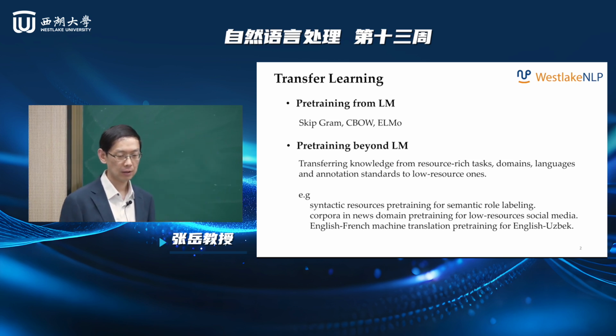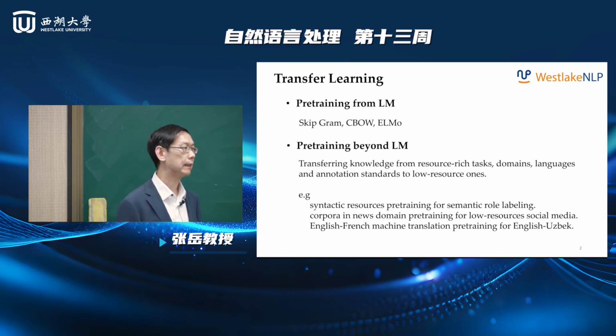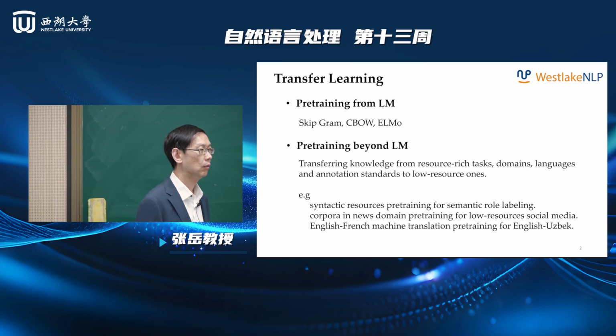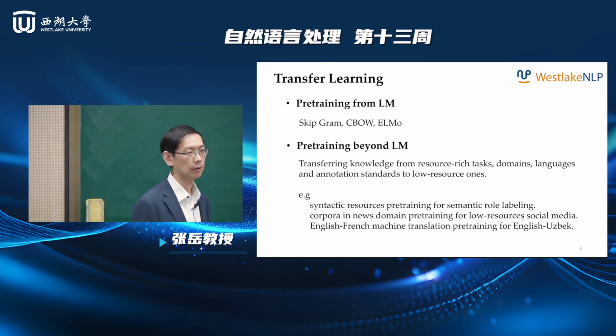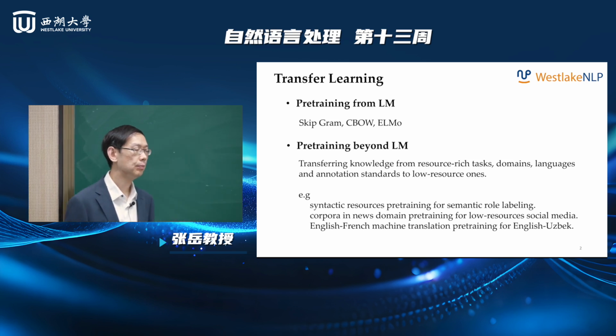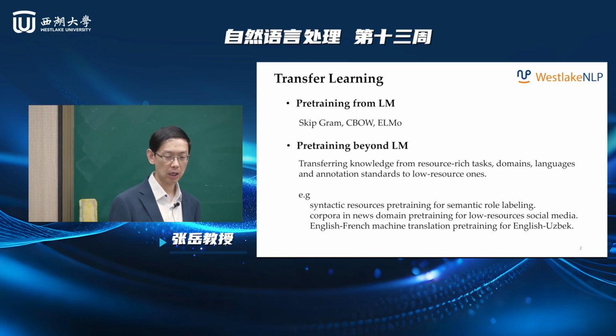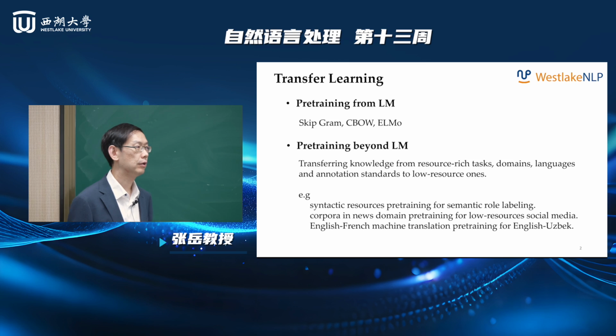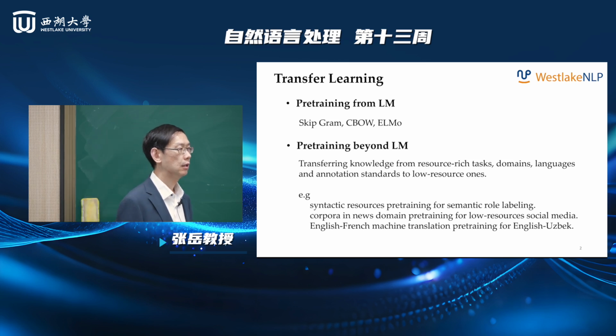For ELMo, we gain a lot of knowledge when we do language model pre-training. And then the neural parameters have some general knowledge that can be transferred into NLP tasks, for parsing, for information retrieval, for information extraction, for generation.